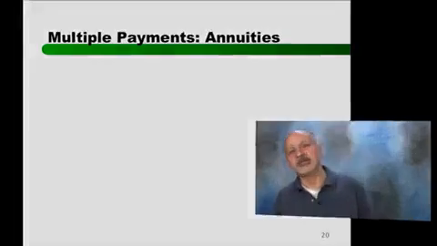Today, we'll go into multiple payments. Why are we doing this? As I said, there's no necessity to do it, except life is like that. Very seldom will you find that you have to make a decision based on a single payment at a single point in time, or single input or output at a single point in time. In fact, life's more interesting issues have something happening today and a lot happening in the future.